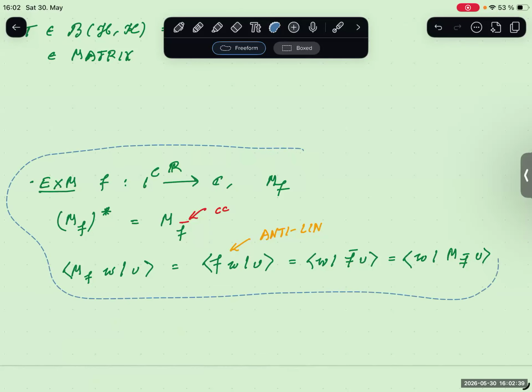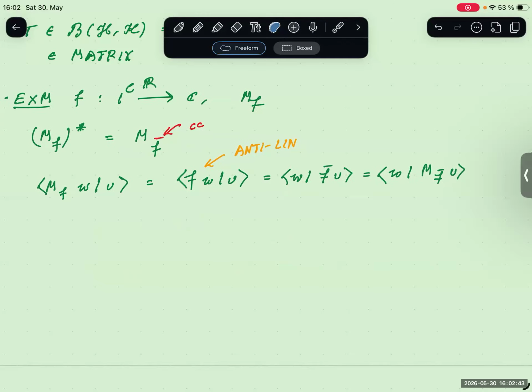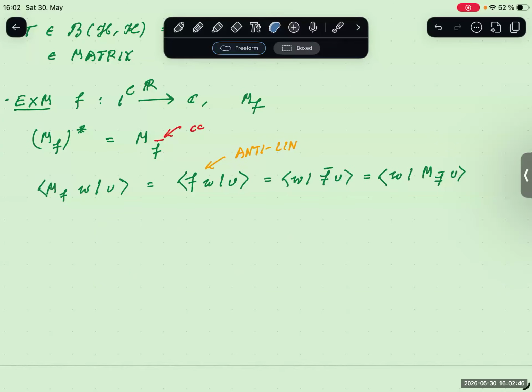Now go to the next example that we also explained, but it's never a bad idea to re-explain. I think one of the interesting operators we have learned so far is the multiplication operator. Now we consider f a complex valued function, and we consider the multiplication operator. We know what the domain is, how to define it.